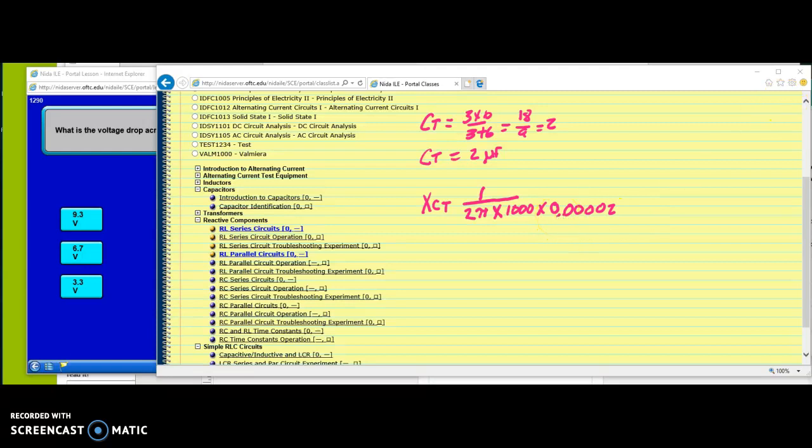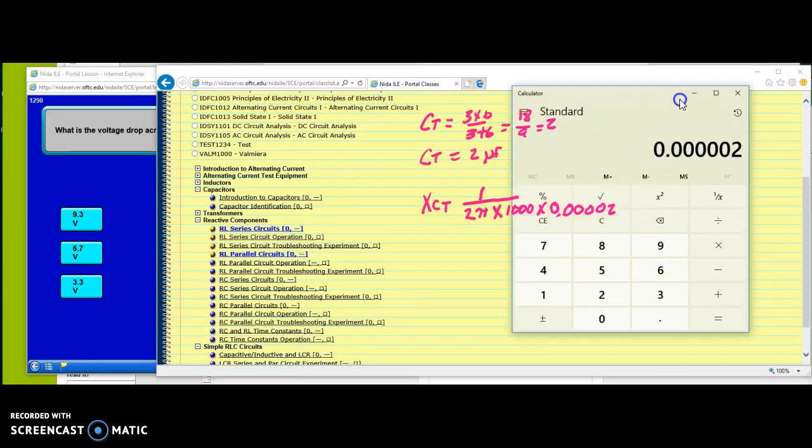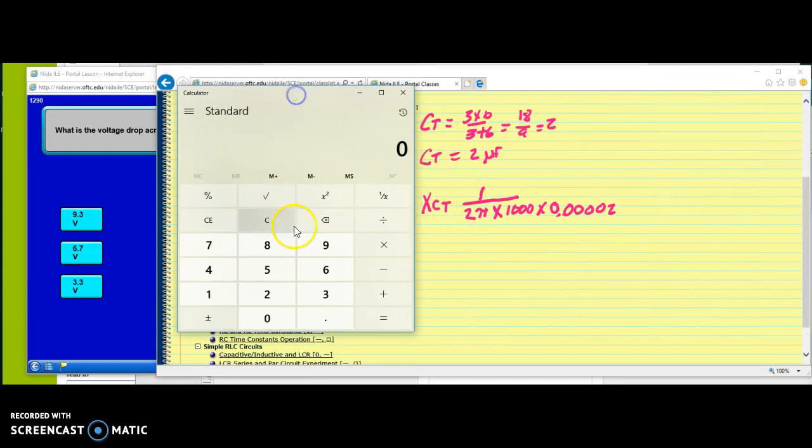So we're going to have to do that math here on our calculator. So we'll clear our calculator, and I'll bring the calculator over here so we can see our values. So we're going to say 2 times 3.14 times 1,000 times 0.000002, and then we've got to reciprocate that.